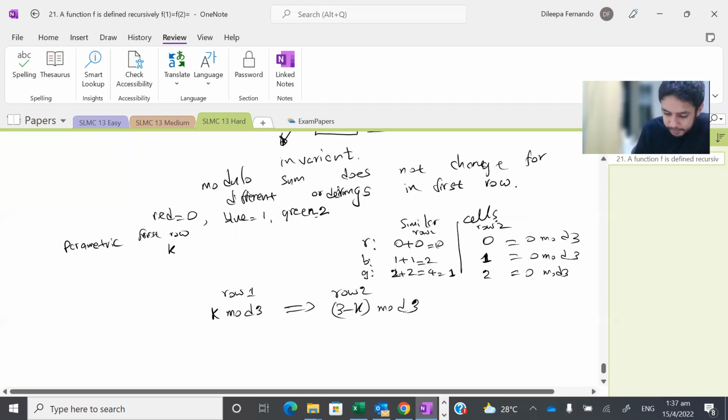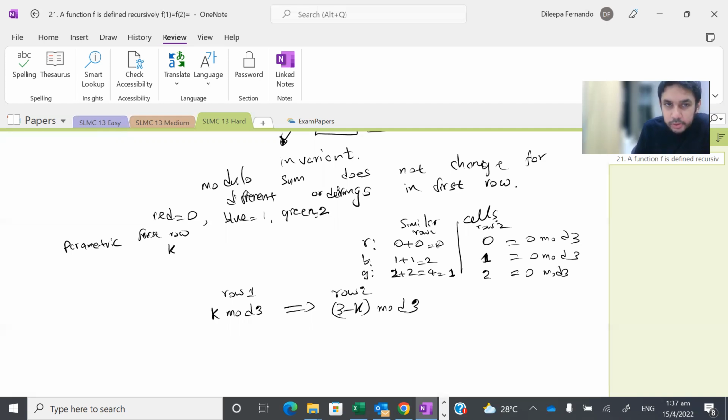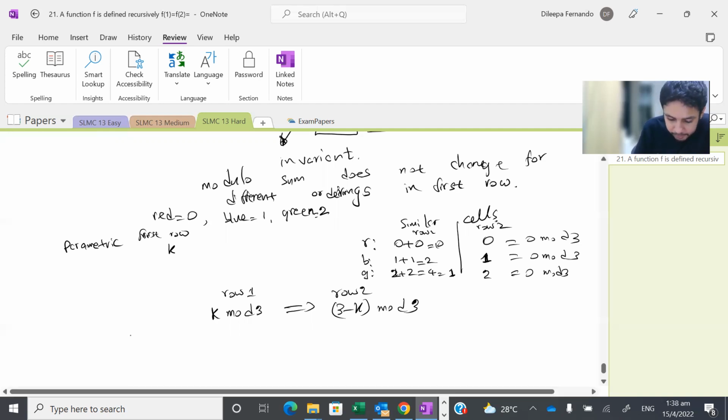Right. So you can see that each even, so this alternates. So what we have to do is, for the second statement, find k.